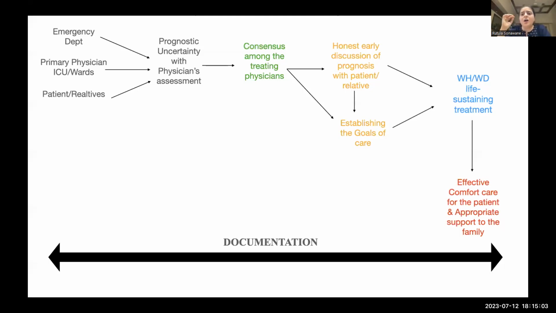You should have honest discussions with the patient and the patient's relatives or caregivers. You then establish the goals of care according to the wishes, preferences, and values of the patient and the family. Then consider withholding or withdrawing the life-sustaining treatment.